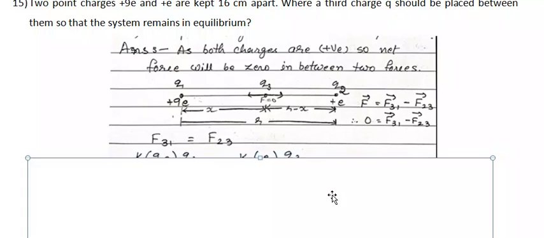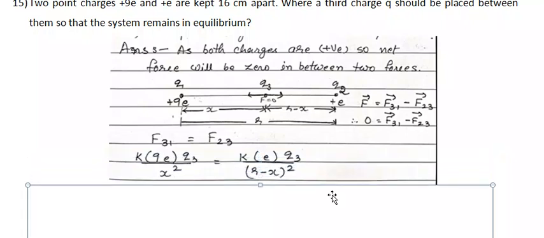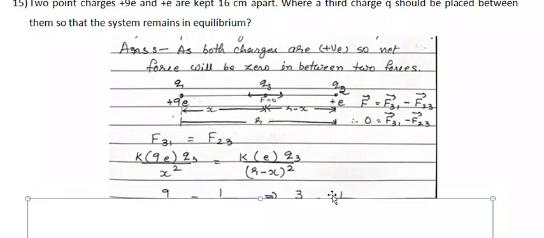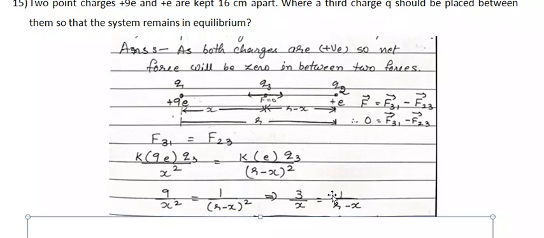So by solving this numerical stepwise, by substituting the values where Q1 is plus 9e and Q2 is plus e, we will get the solution. Here, what I did: k and k cancel, and I substituted 3.